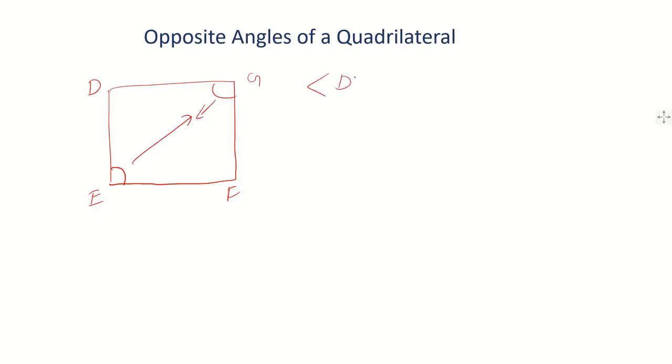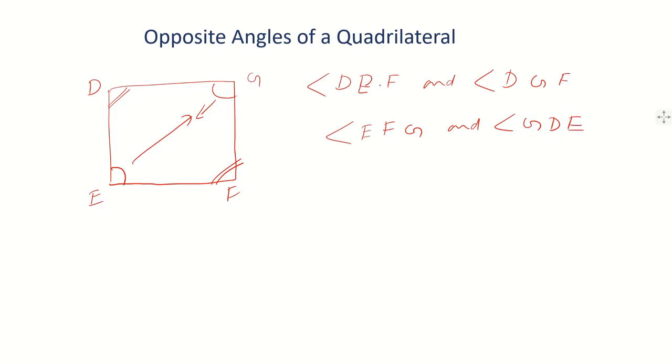Angle E, F and angle D, G, F. Then this angle. Opposite, you write angle E, F, G and angle G, D, E.